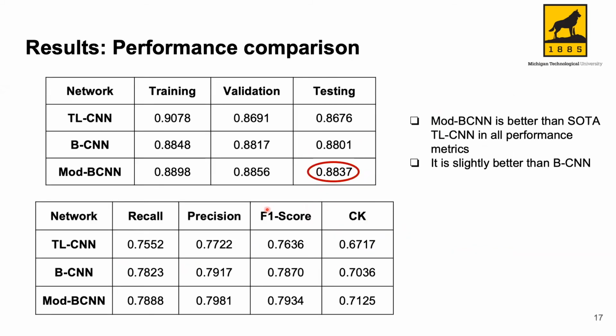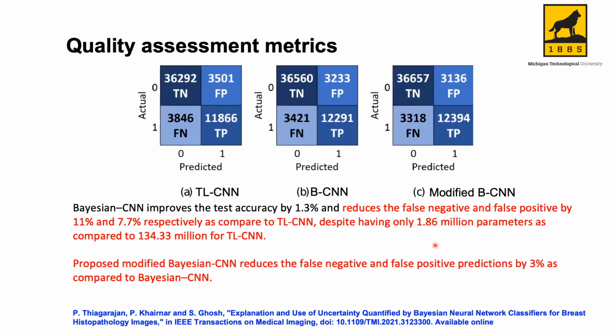So here are some results, and we can see that the conclusion is that compared to the deterministic neural network, both Bayesian CNN and modified Bayesian CNN perform somewhat better, 1% or 2%, in all performance metrics, not only in accuracy. But where it performs significantly better is in reducing the false negatives and reducing the false positives.